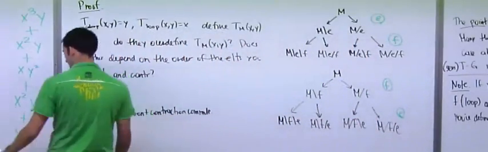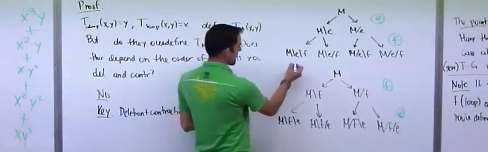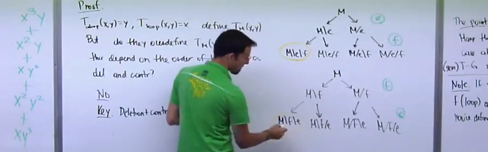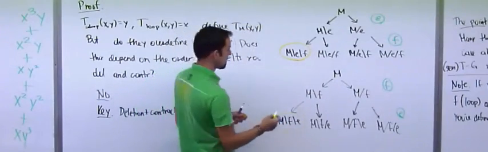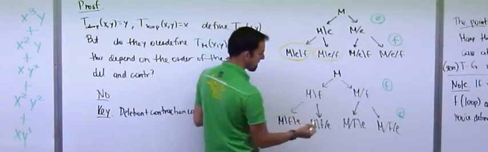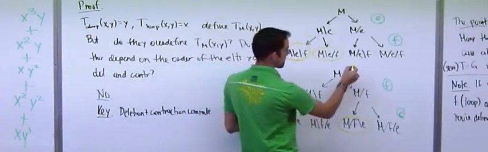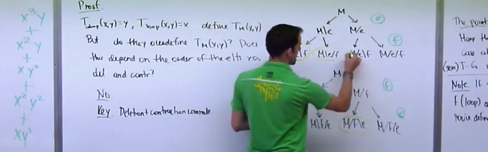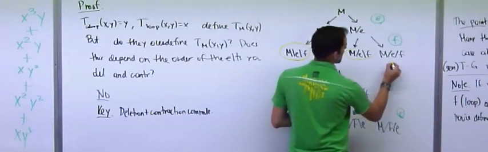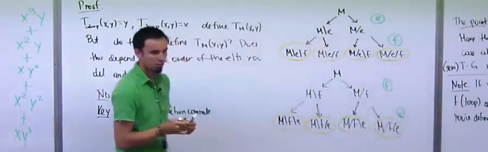Well, fortunately, deleting E and deleting F is the same thing as deleting F and then deleting E. Contracting E and deleting F is the same thing as deleting F and contracting E. And contracting E and deleting F is the same as deleting F and contracting E. And contracting both of them is the same in either order.